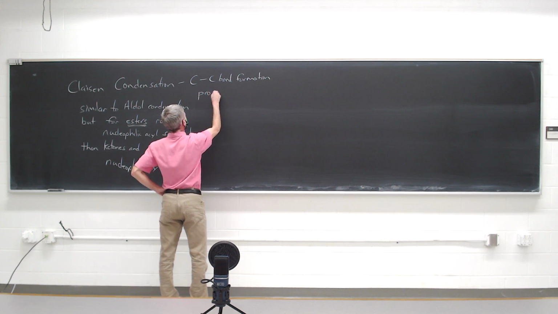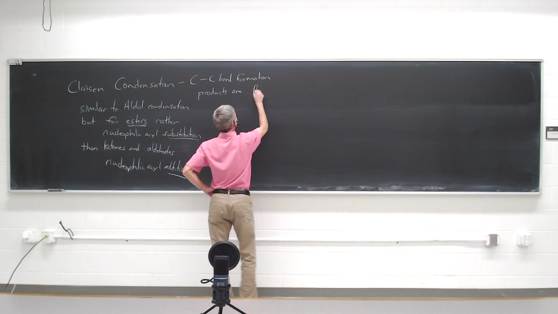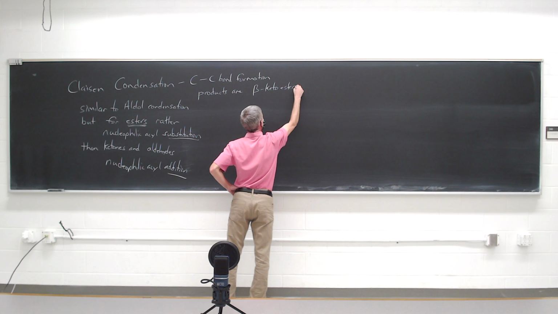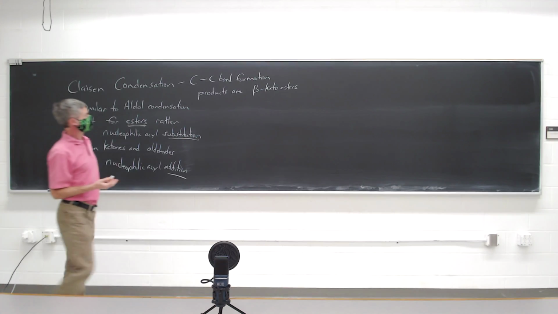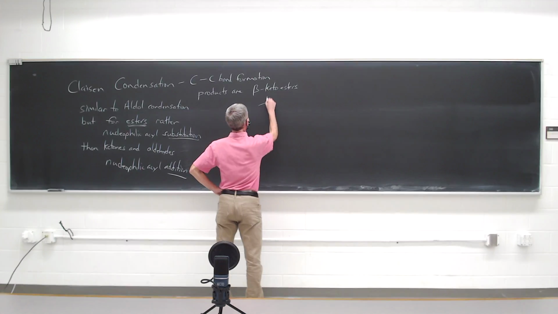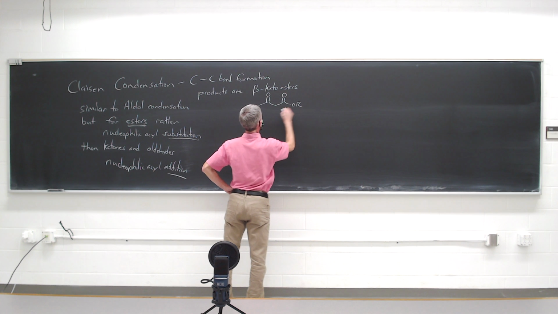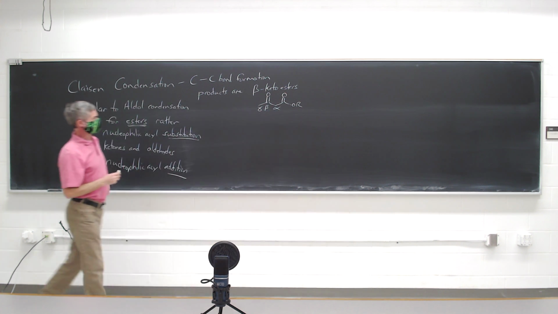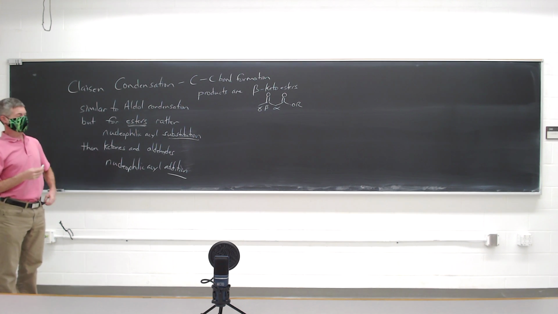Products are dicarbonyl compounds that have a ketone and an ester, the beta position. So something like that, right? Where the alpha position is the one directly attached to the carbonyl, and then the beta position is the ketone.